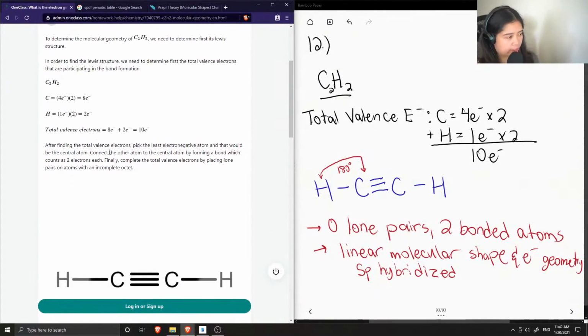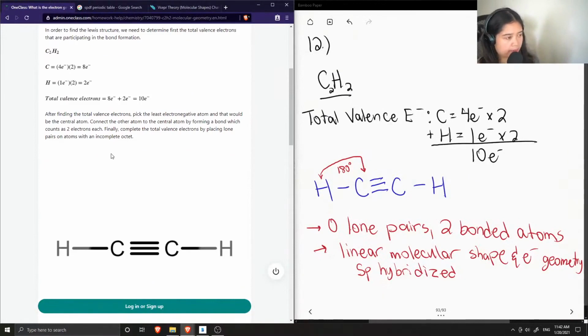And after finding the total valence electrons, pick the least electronegative atom, and that would be the central atom. So this is an exception where the least electronegative atom is hydrogen, but since hydrogen can only form 1 bond, then we know that carbon would be our central atom.